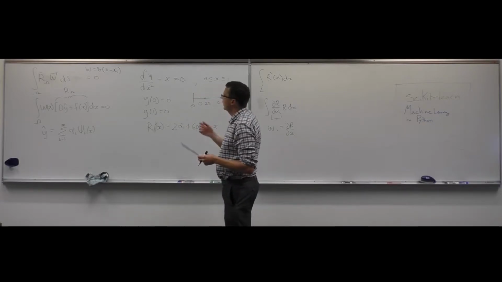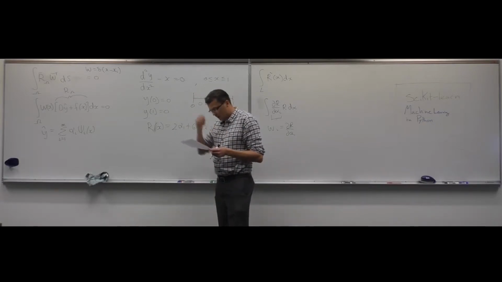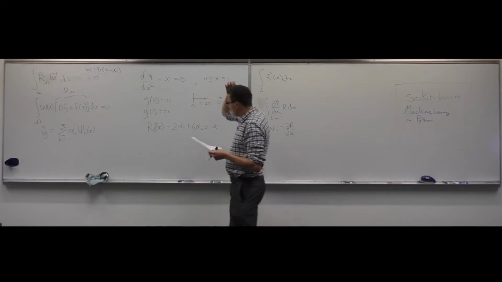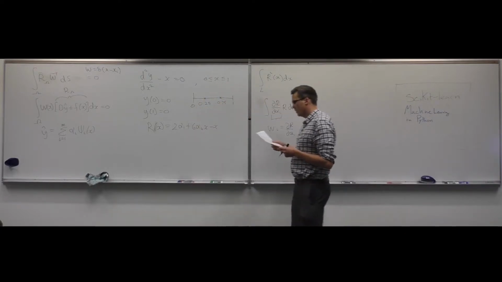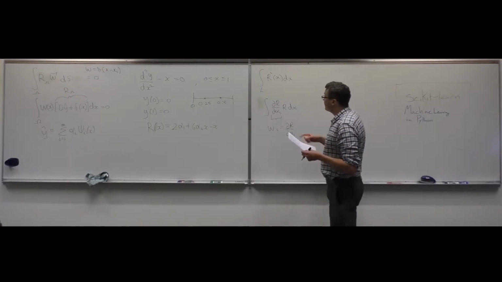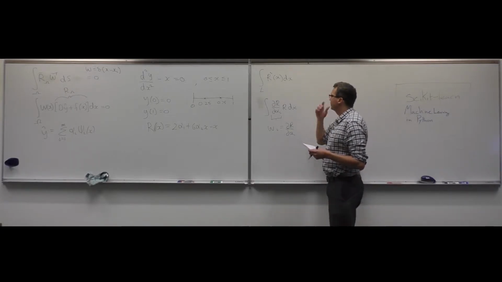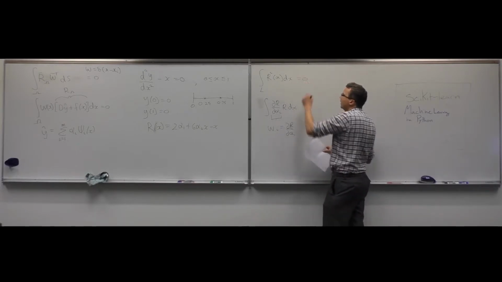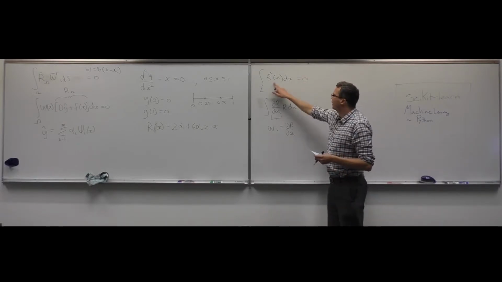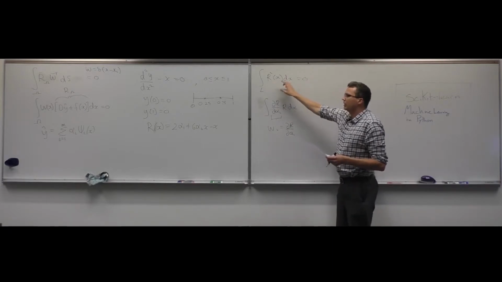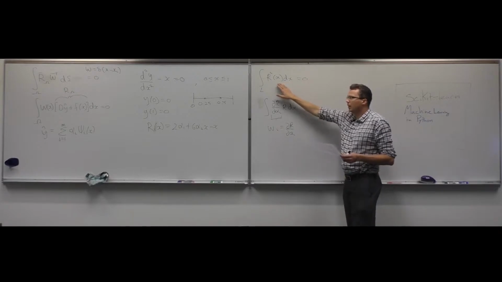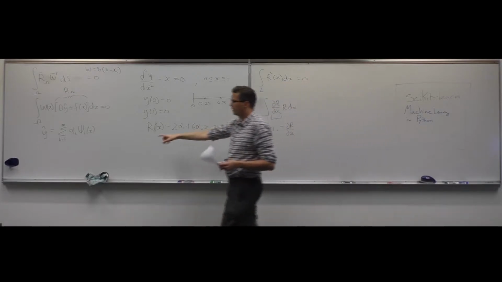Okay, so that's the collocation, and then the second approach we looked at was the least squared method. And so the idea of the least squared method is to try to minimize the square of the residual. But in order to minimize the square of the residual, we need to determine what the unknown terms are in the trial function.